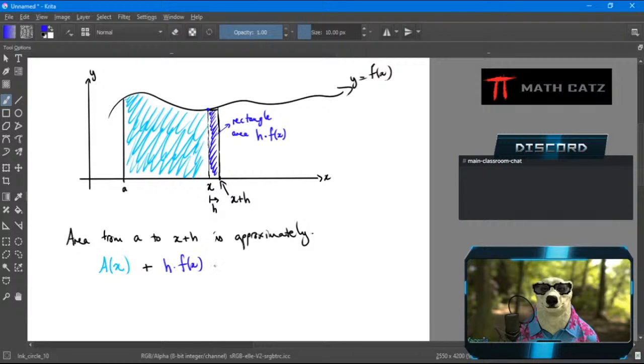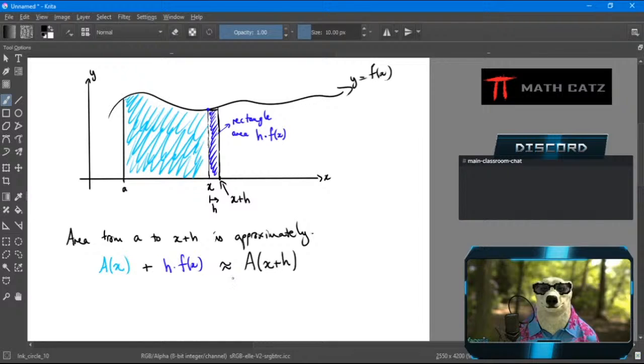So this is then approximately the actual area from a to x plus h, but that has a name. Its name is area function with x plus h, the right boundary, as the input.